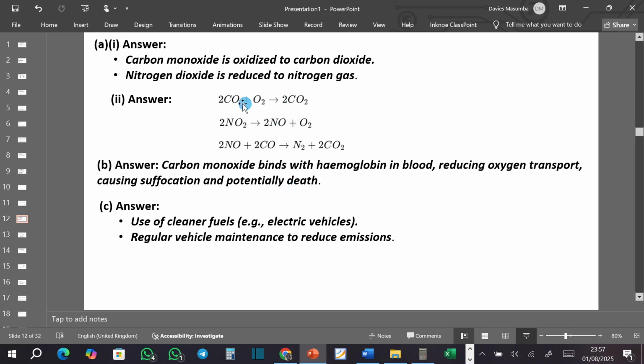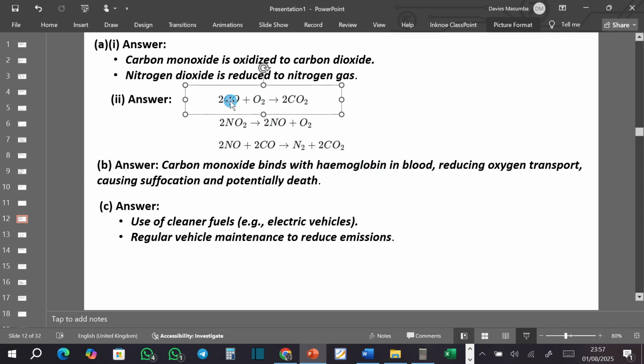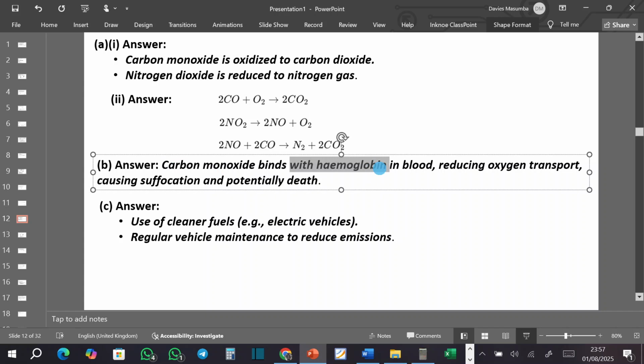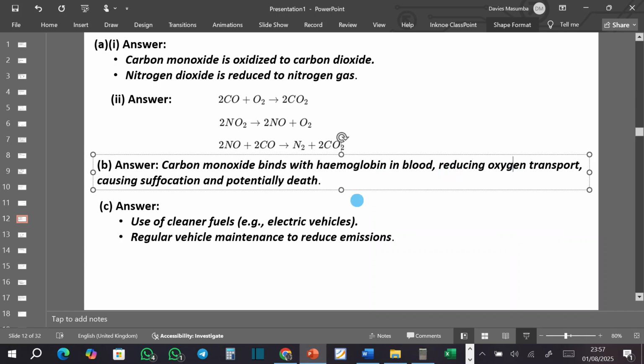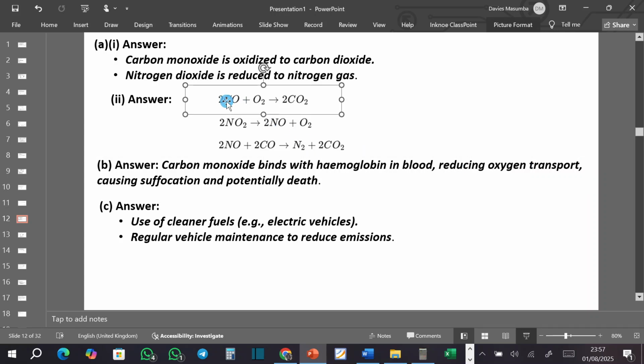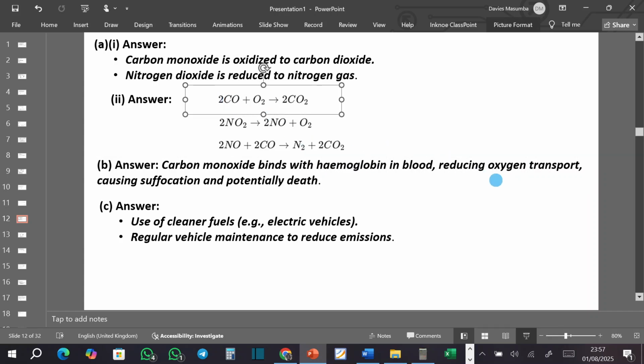This carbon monoxide has high affinity for hemoglobin, meaning that if the environment produces carbon monoxide and we breathe it, carbon monoxide will go and bind with the hemoglobin. Hemoglobin is supposed to bind with oxygen, which we use for respiration. Between oxygen and carbon monoxide, hemoglobin attracts more carbon monoxide than oxygen.